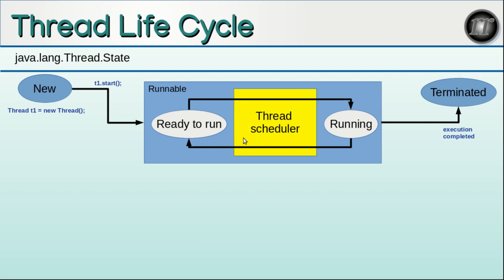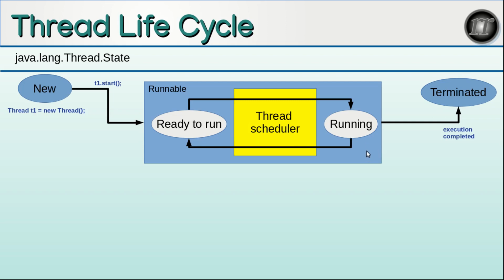From the JVM perspective, we can only say the thread is in runnable state, but we cannot say it is actually running and acquiring the processor. It could be in ready to run state and waiting for the processor.